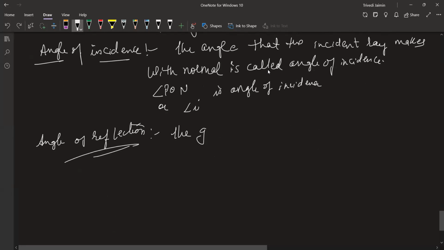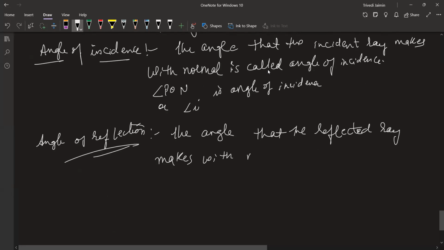The angle that the reflected ray makes with the normal is called the angle of reflection, denoted by angle R. Here, what is it?